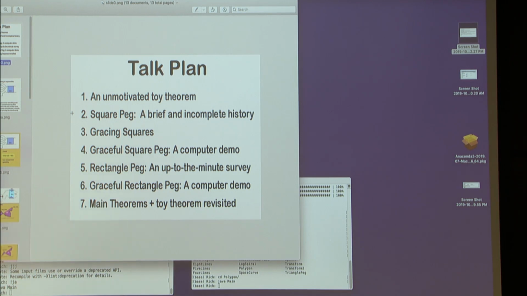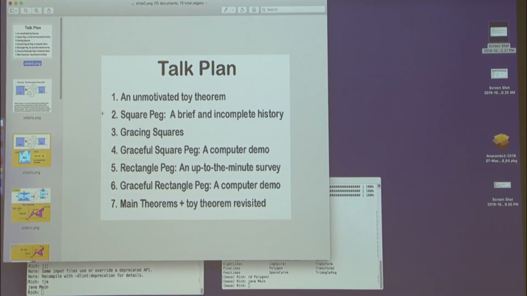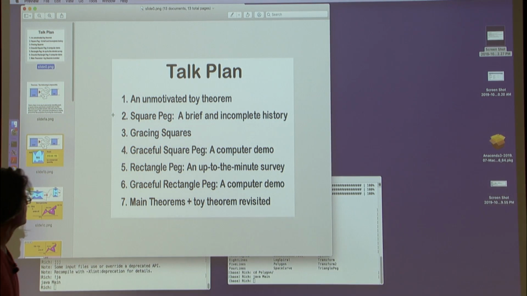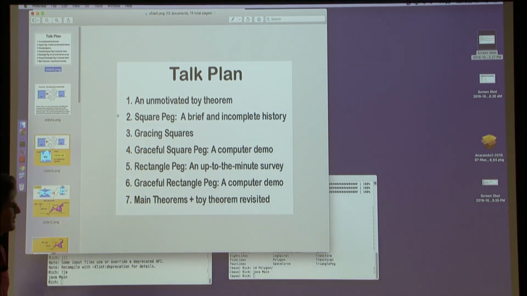Then I'll talk a little bit about the famous square peg problem, then I'm going to show you a kind of a computer demo of these things, and then I'll talk about rectangles, maybe an up to the minute survey, or I'm not sure if it's up to the minute. More demos, and then I'll talk about the main results. So that's the plan.